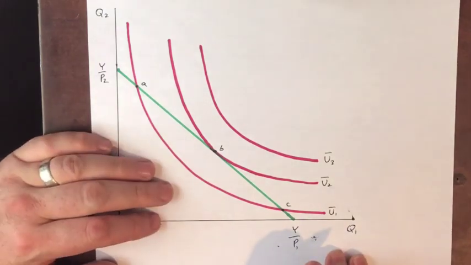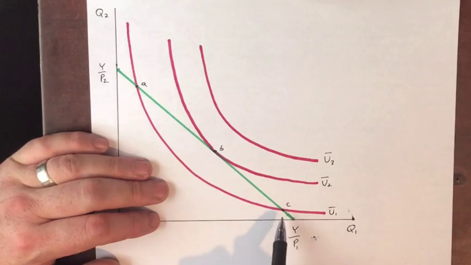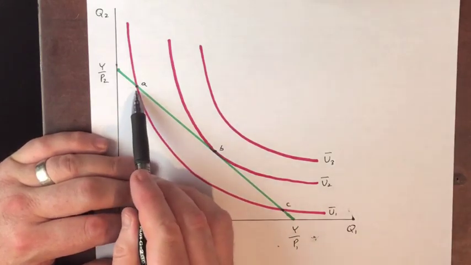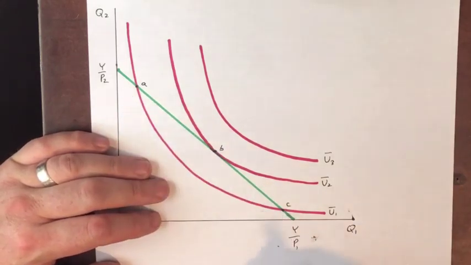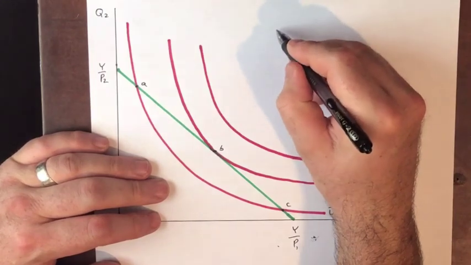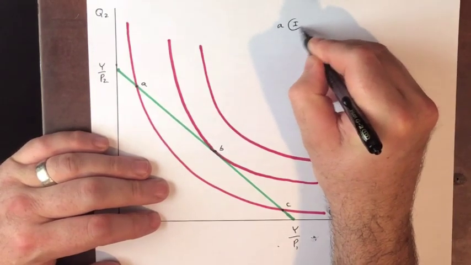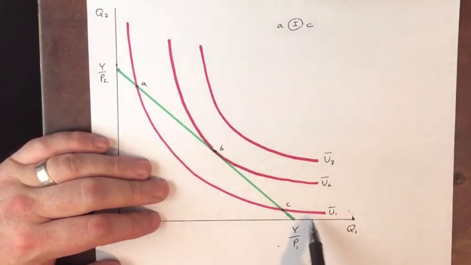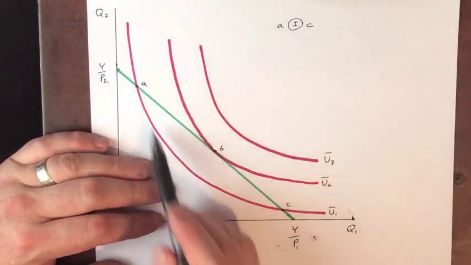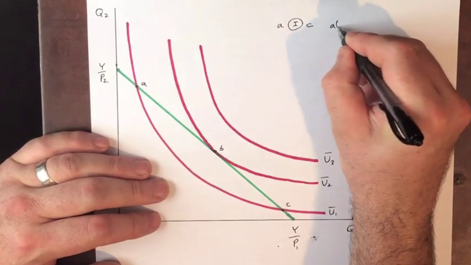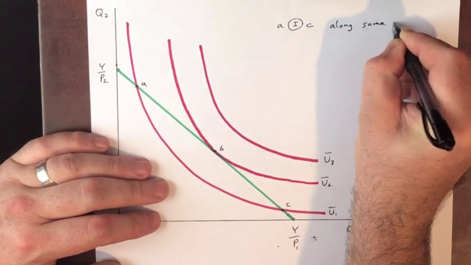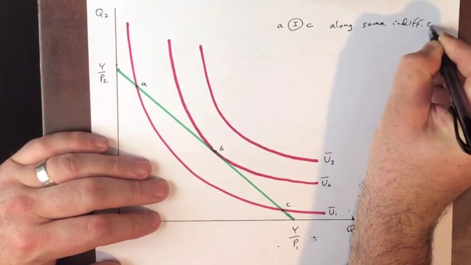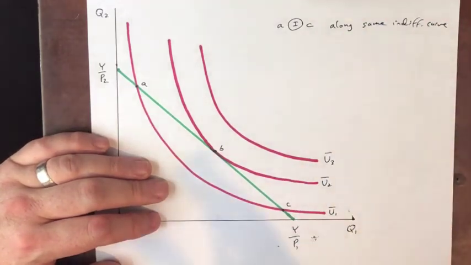We can infer a certain relationship between A and C. From the perspective of this individual, points A and C must be indifferent. How do we know that? Well, they're along the same indifference curve. That's what that means. That is the logic that we have established.